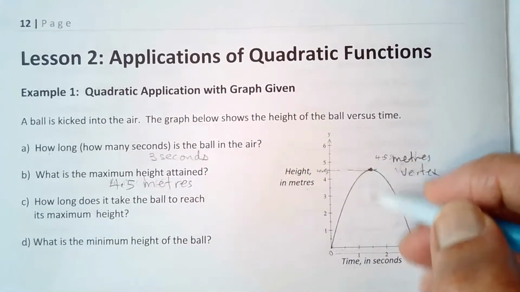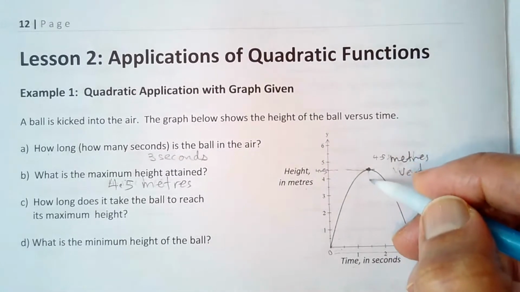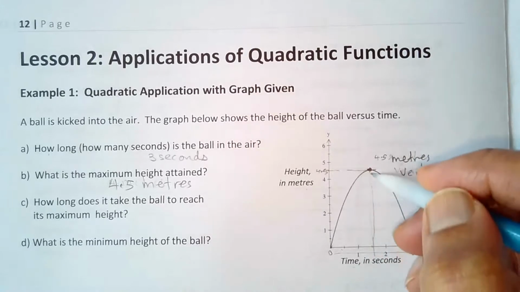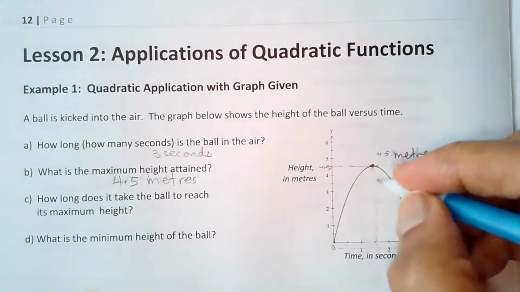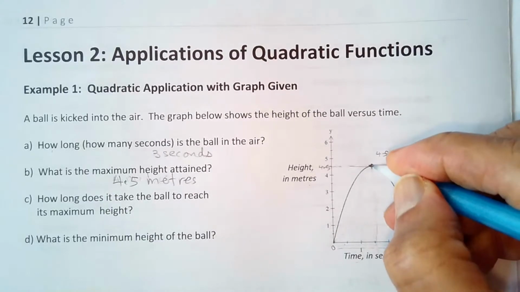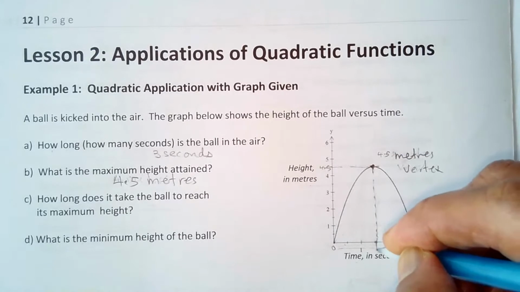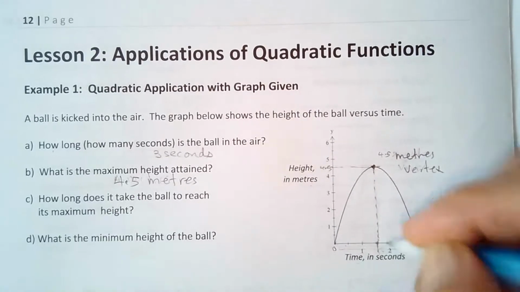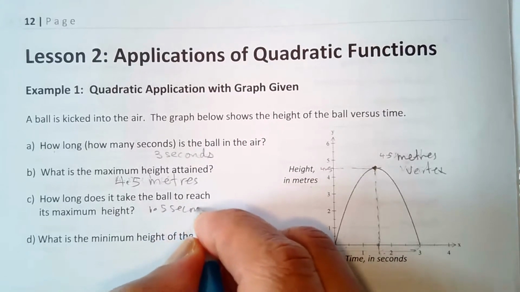Now the time the ball reaches the maximum height, now we go straight down, and that will give you a time. So you're looking at the maximum height, and to find the time, it's 1.5 seconds.